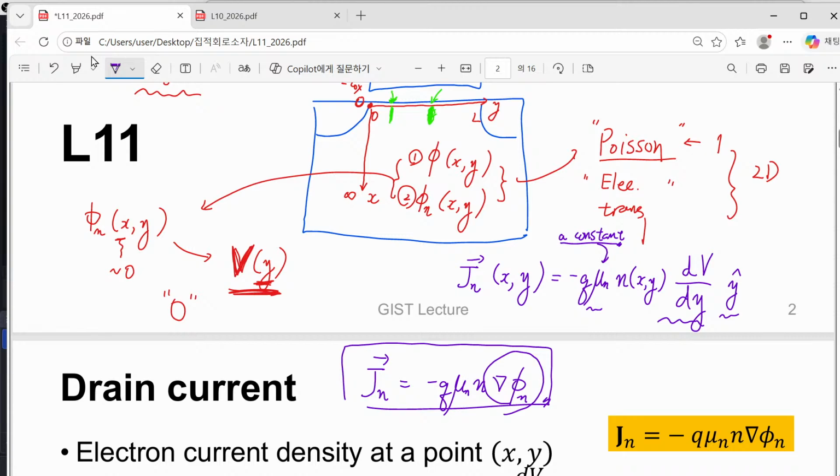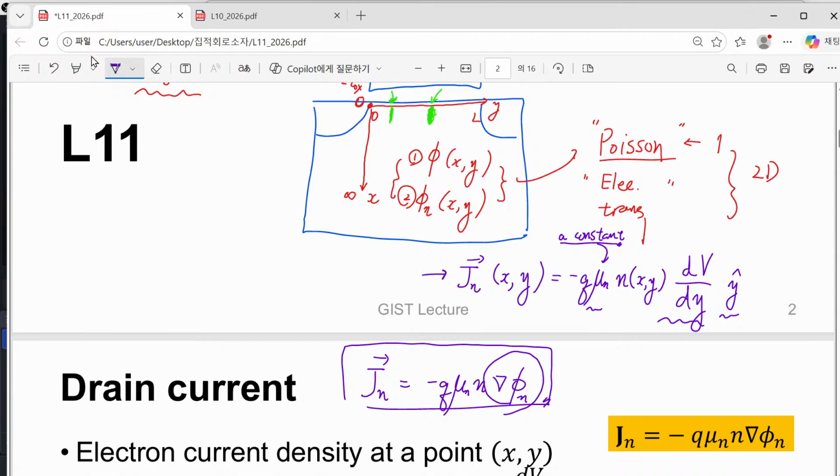But the more important thing I wanted to introduce today is that this is not an equation. It is just saying that our current density is expressed in this way. This is just how we can express the electron current density.